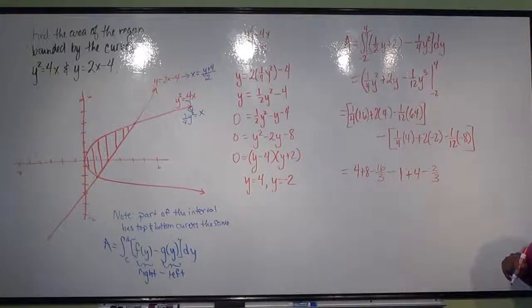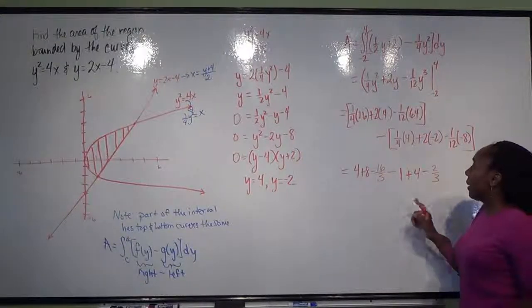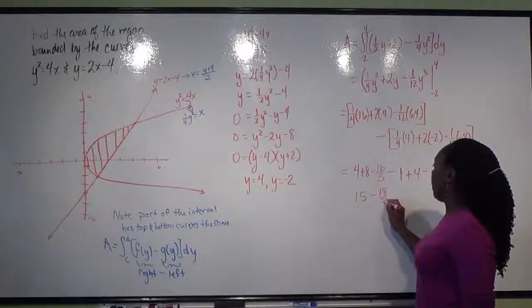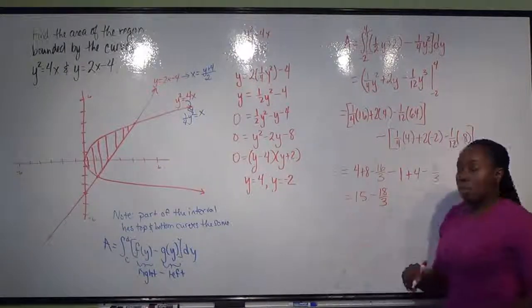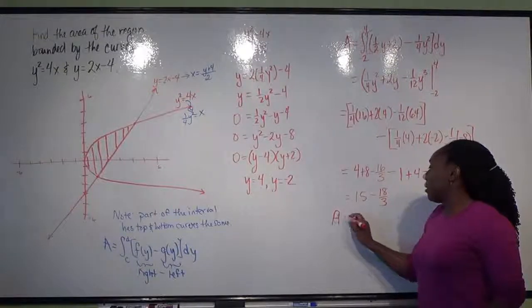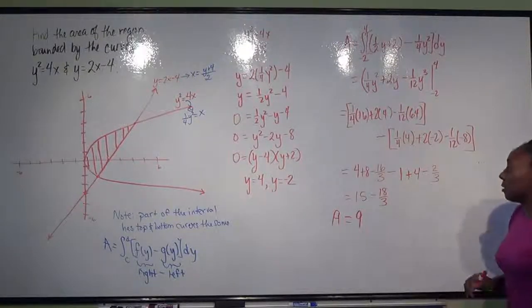Okay. And now simplifying, looks like 15 minus 18/3. 18/3 is just 6, so our area is going to look like 9.